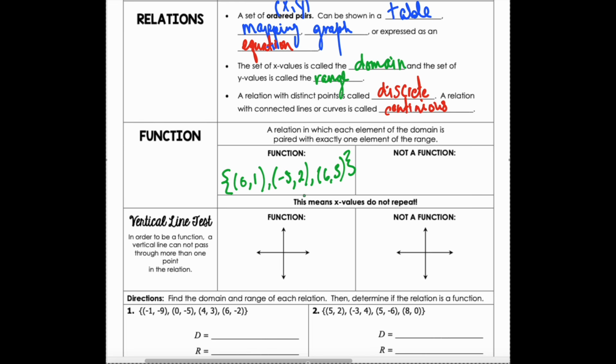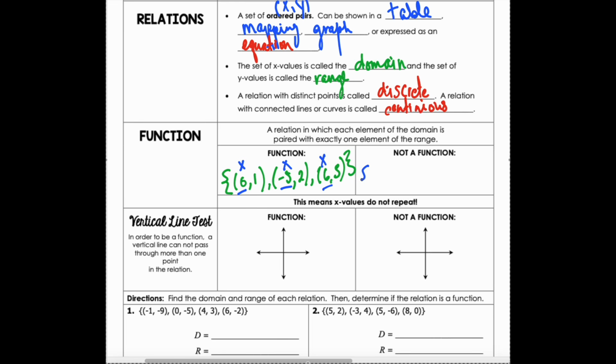Okay, notice how our domain, which is our x values, our inputs, do not repeat. Okay, that's very important. Once you see an x value repeating, it's no longer a function.